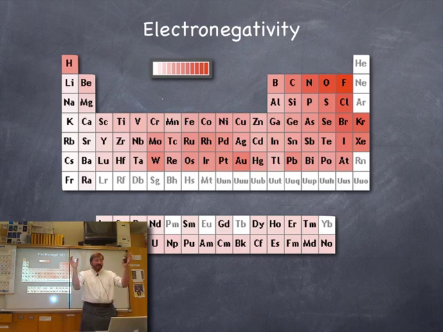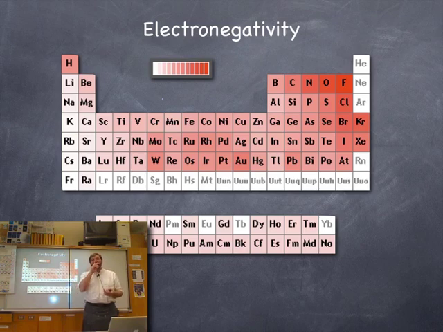So if I bring two atoms together and their orbitals start to overlap, they will both be able to attract the electrons in those orbitals that are overlapping. And so what we want to say is, if one atom attracts those electrons very strongly and the other atom does not, then it's possible for the electron to be transferred from one atom to another, and that would form an ionic compound.